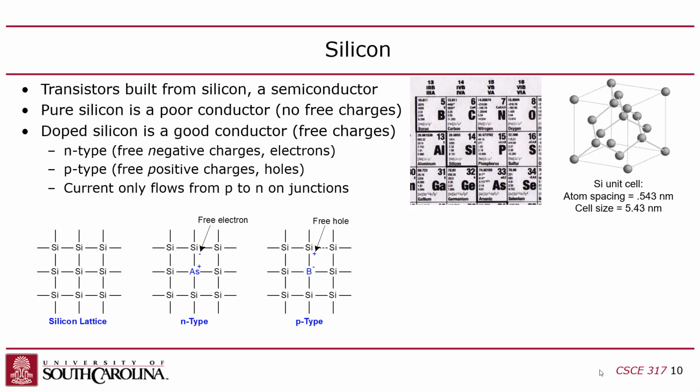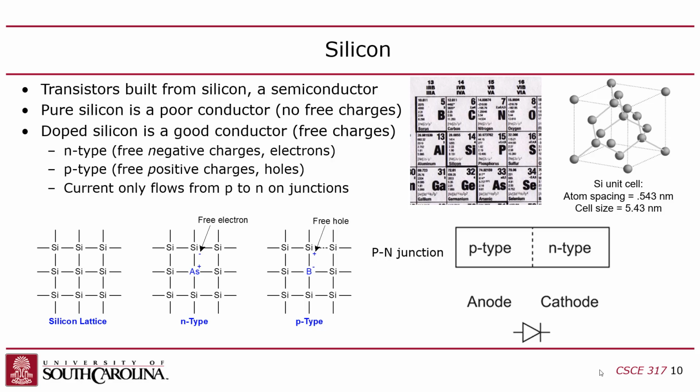So if you just try to send current through it, the current is sent through with the majority carriers. However, you also get minority carriers that are the opposite polarity. So if I put holes in my silicon, I'll also have electrons in there as well, except the holes are more prevalent inside the lattice. But both of them are mobile. They can move. They got mobility, right? Okay? So keep that in mind. P-type has holes, but those are the majority carriers. There's also minority, which is the opposite type.